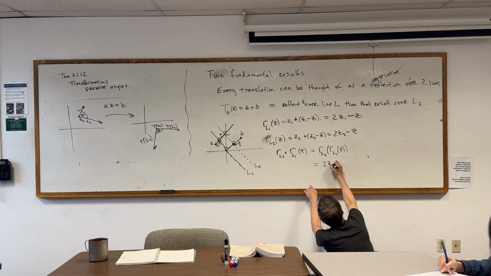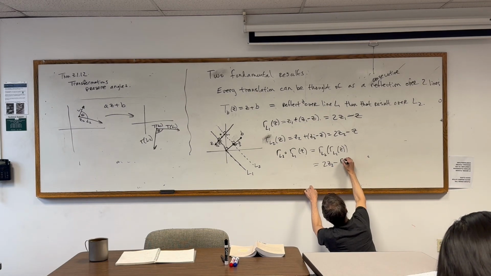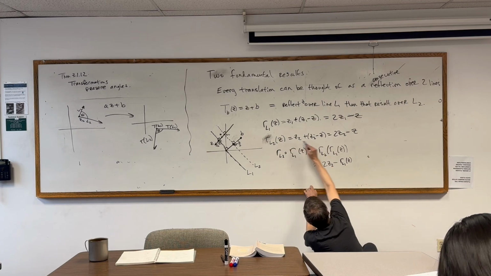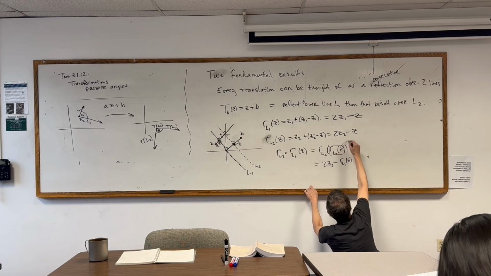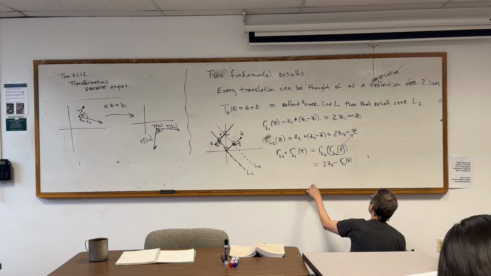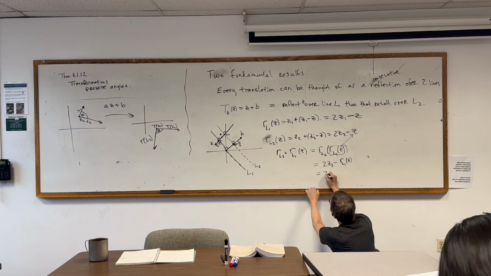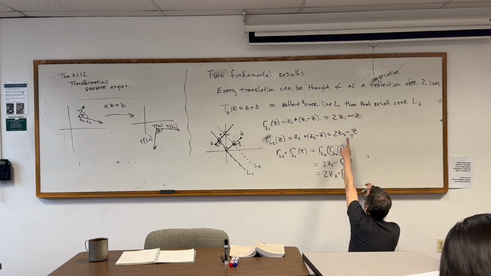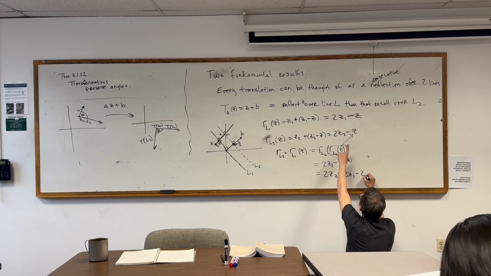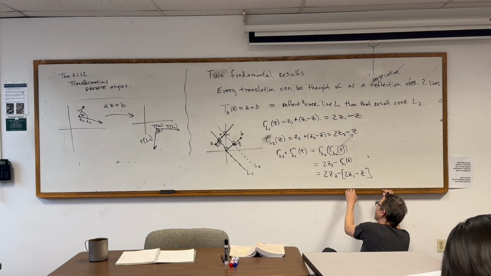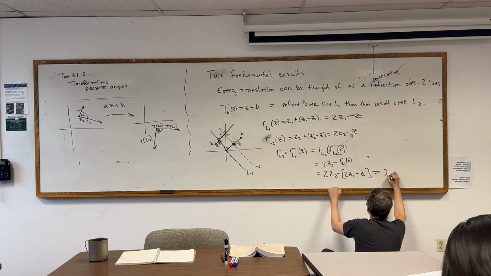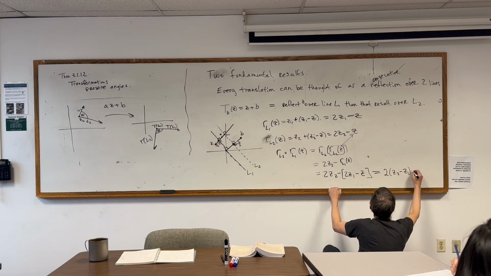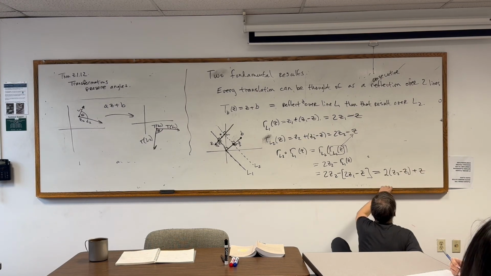So this is 2Z2 minus R of L1 of Z. In place of that Z, I have this formula right here. That's 2Z2 minus, in parentheses, that top formula. And so that simplifies to 2 times the quantity Z2 minus Z1, plus Z.